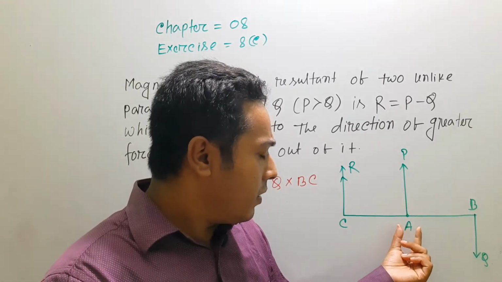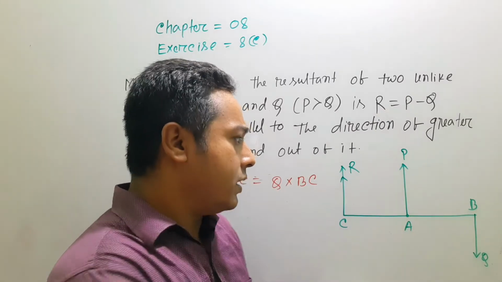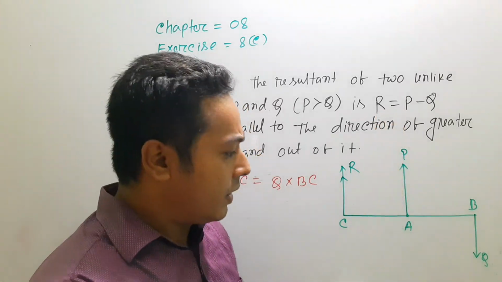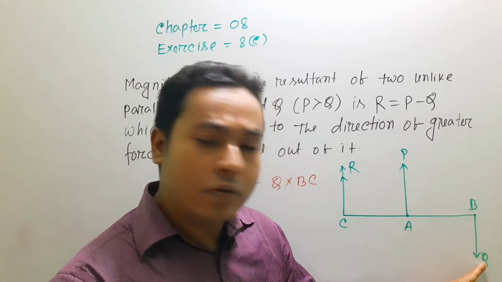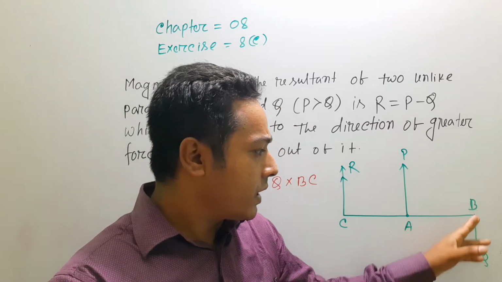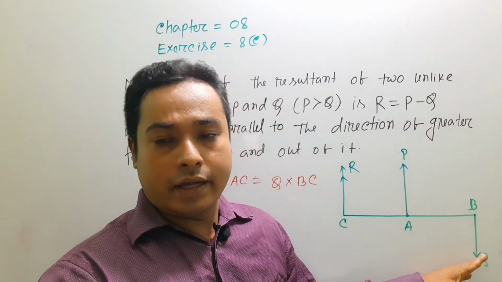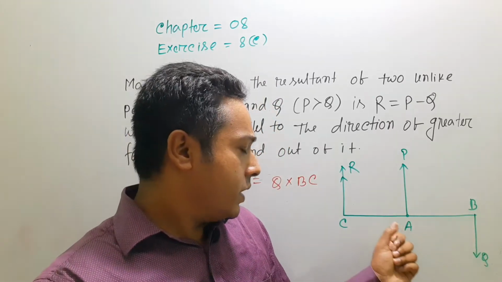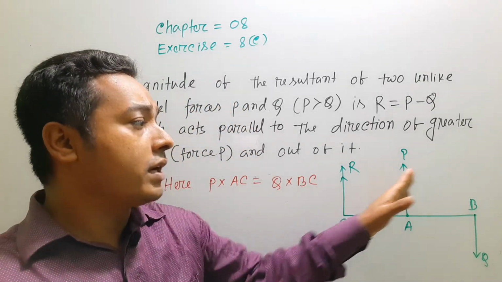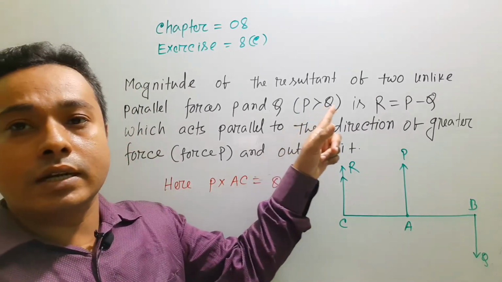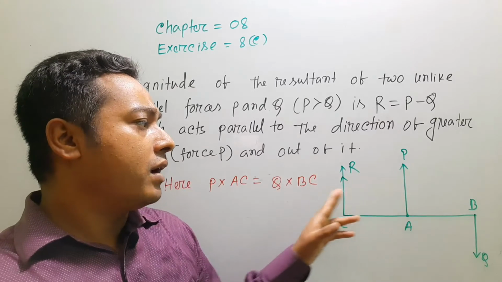At point A the force is P and its direction is upward, and another force Q acts at a point B, with its direction downward. Then the resultant is parallel to the greater force. Here consider P is greater than Q.